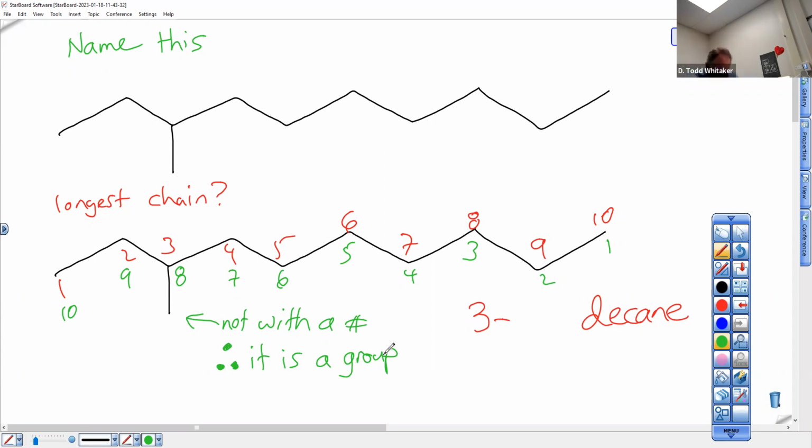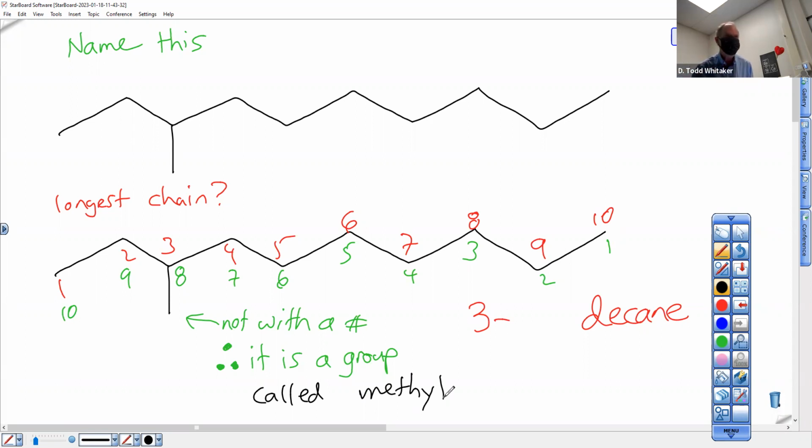So it's called, no big surprise, it starts like methane because it's a 1 carbon group, but you change ane to yl to indicate it's a group. How many groups did we just learn instantly? 20. Okay, if I had a 5 carbon group, what would you call it?